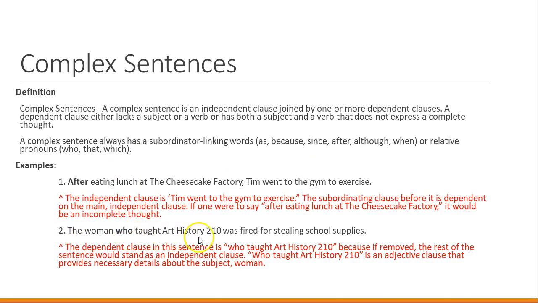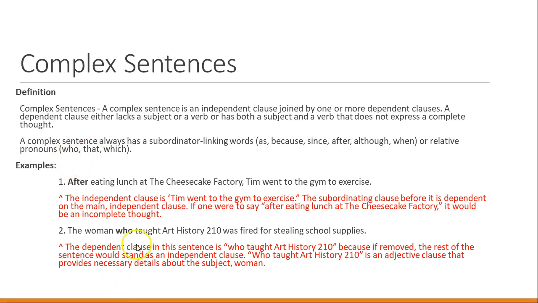"The woman who taught art history to 10 was fired for stealing school supplies." If you take out the "who" part, because we know that the subordinator is used to join the two parts of the complex sentence, here we have as, because, since, after, although, when, or a relative pronoun such as who, that, which, whose.